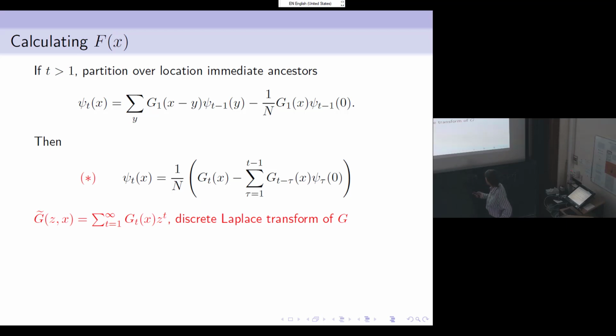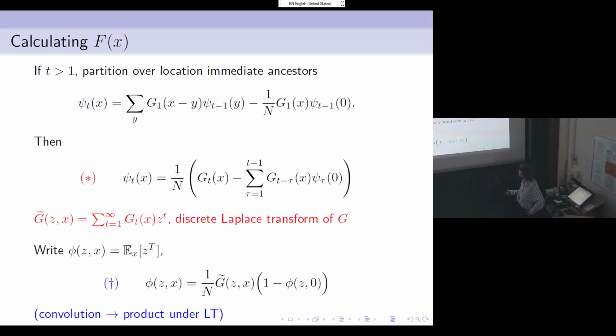And if I do that, that convolution is going to turn into a product. Now, if I write phi of zx for this expectation, which is almost what I'm trying to calculate but not quite, then just substituting into star, and taking this Laplace transform, so multiplying by z to the t and summing, I see that I can write it as 1 over n times g tilde times 1 minus phi of z and 0.